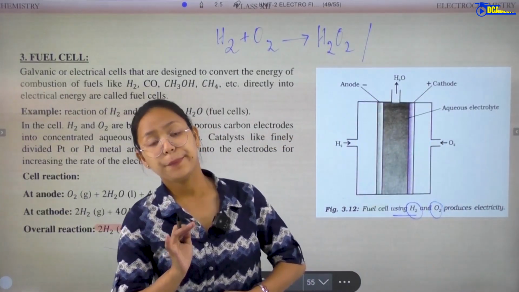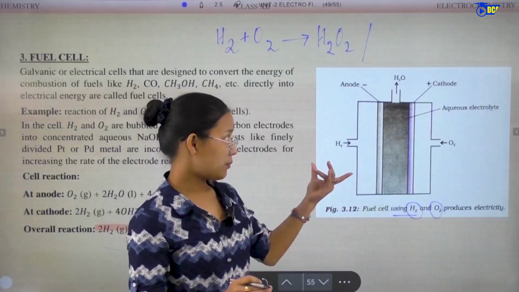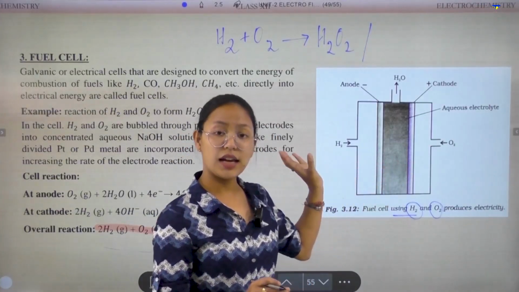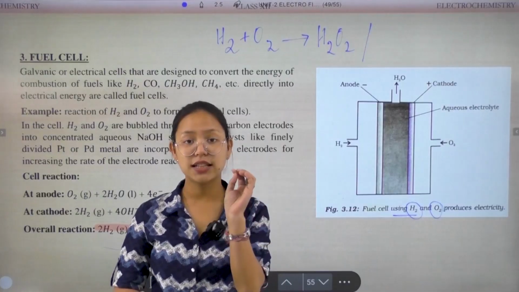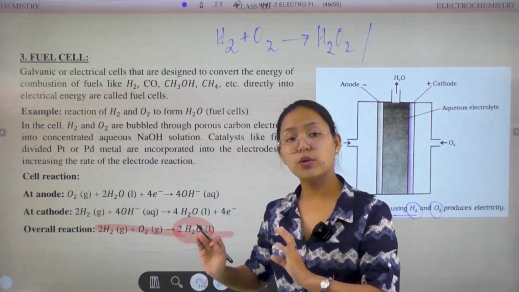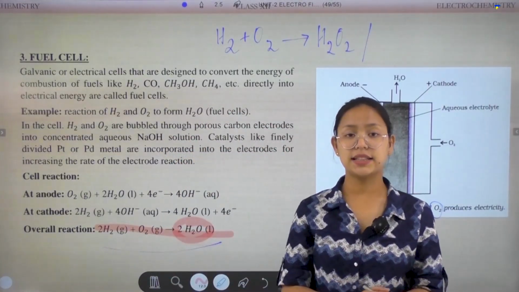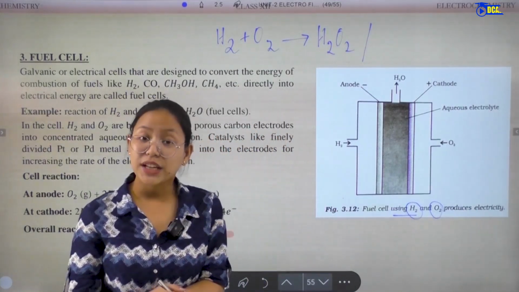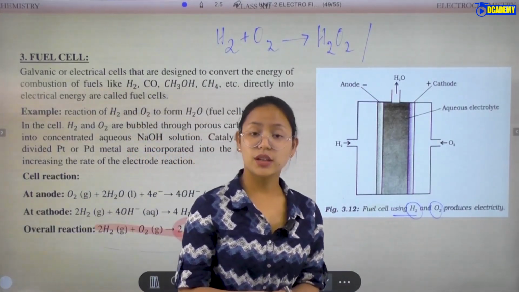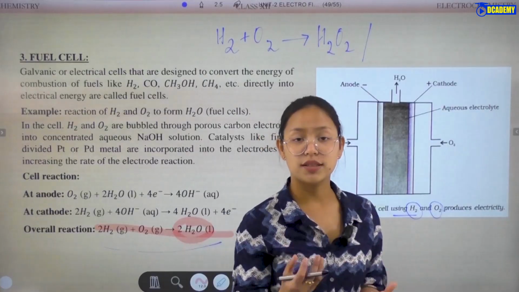In the fuel cell the gases are hydrogen and oxygen. Hydrogen and oxygen form water. Will it be called a pollutant? No, because we know we need water.